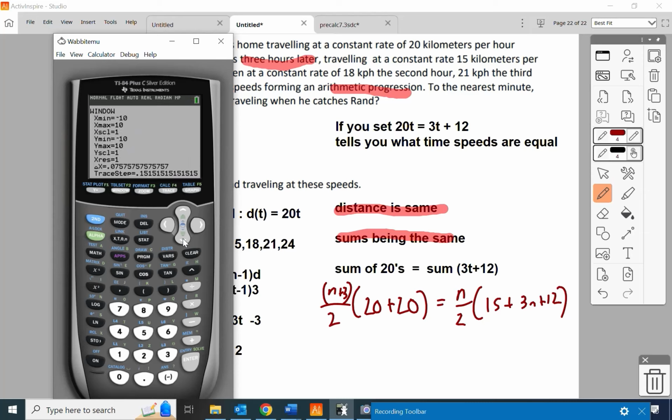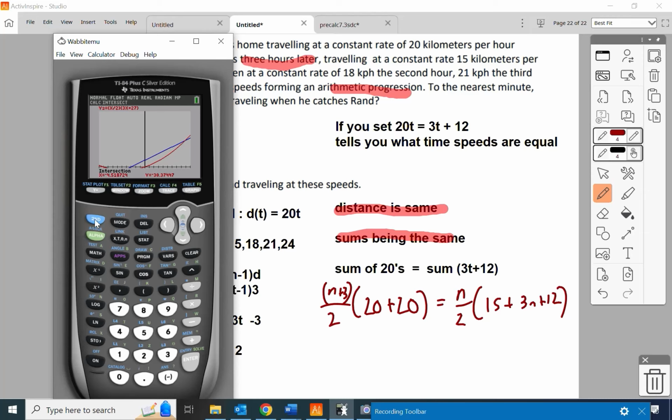I'm going to set my y max to be something like 500 kilometers, because that's distance and it's in kilometers. The line doesn't look quite as steep anymore, does it? And you can see that the red curvature catches up to it. So second trace 5, enter, enter, enter.